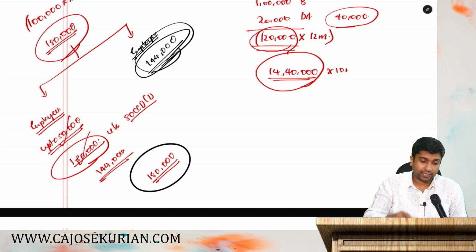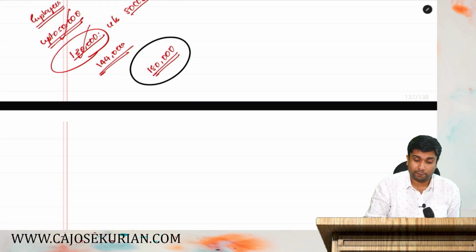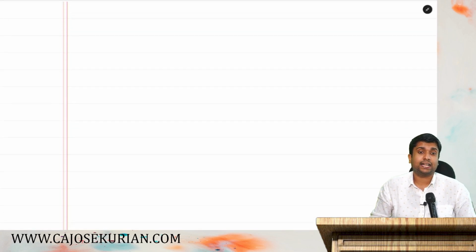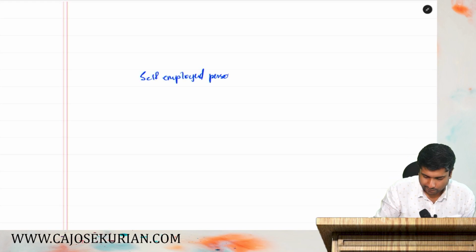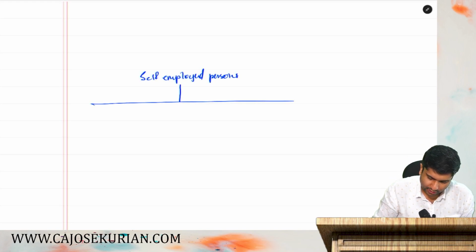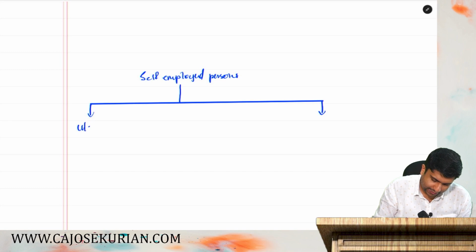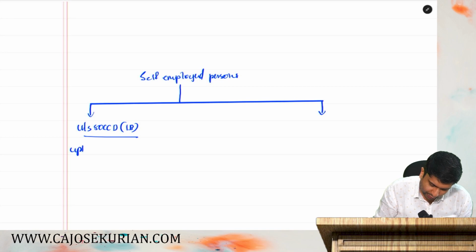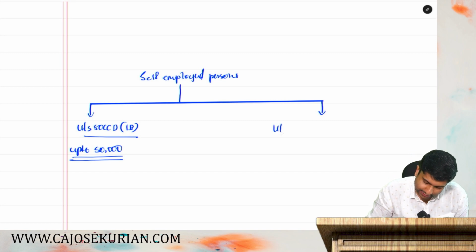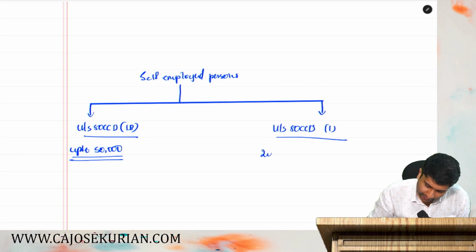There is one more thing that you have to consider under this 80 CCD, that is for self-employed persons also. They can start with this National Pension Scheme. Self-employed persons, how to take this 80 CCD deduction? You have to split this into two. Under section 80 CCD subsection 1B, up to 50,000 rupees you can claim the deduction, and under section 80 CCD subsection 1, they say 20% of gross total income.